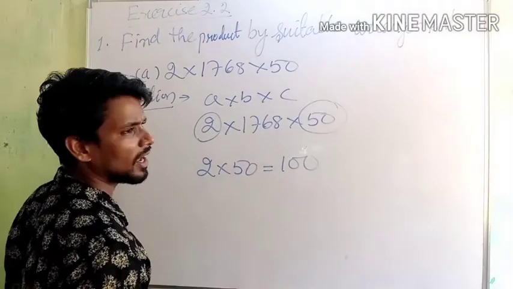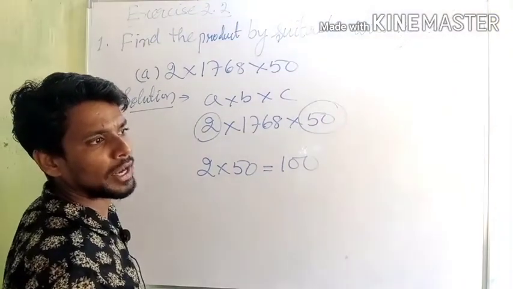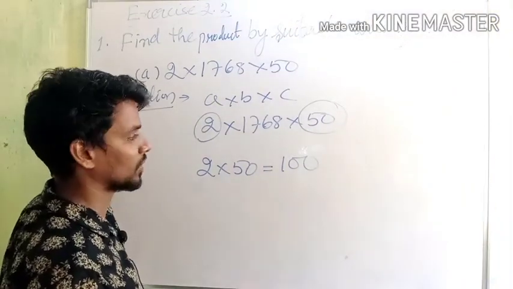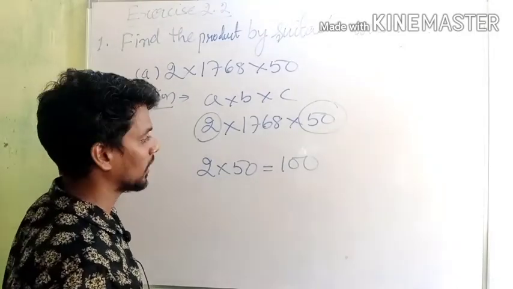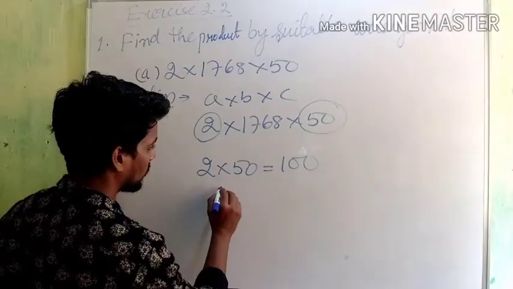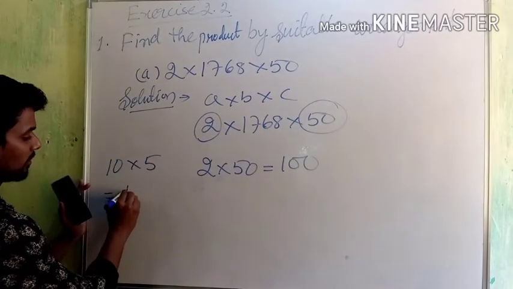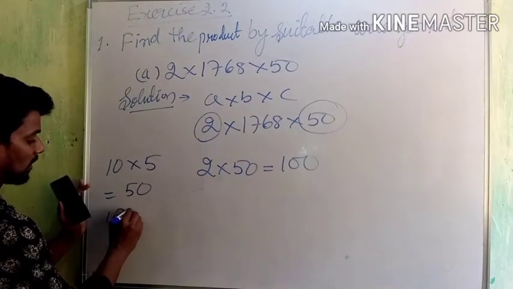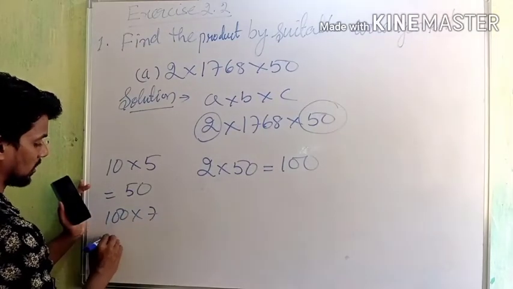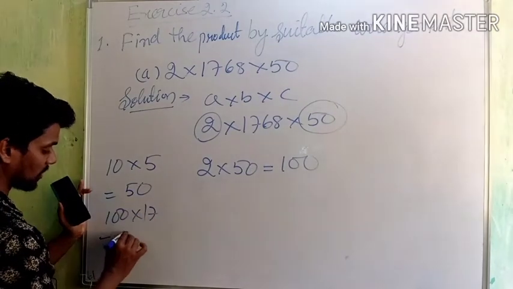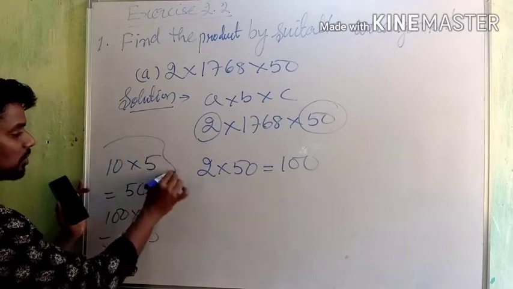2 into 50 is nothing but 100. And whatever number is multiplied with 10, 100 or 1000, we know only the zeros will be added. When we multiply 10 into 5, we get 50. When we multiply 100 into 17, suppose, we get 1700. Yes or no?